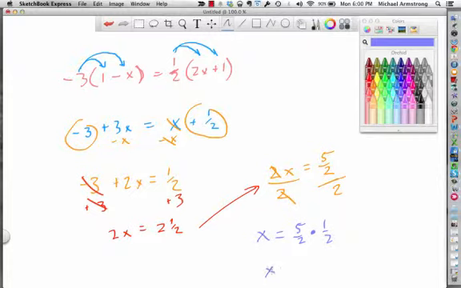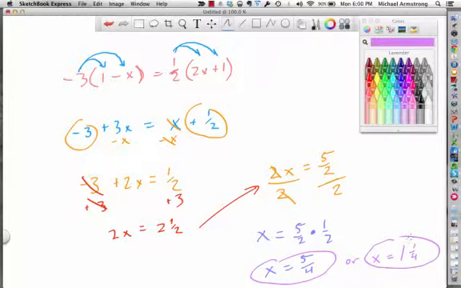So that's going to equal x is 5/4. And 5/4 is an improper fraction. You could probably leave it like that, or you could change it to x is 1 and 1/4, and that would be just fine. Either of those are good answers.